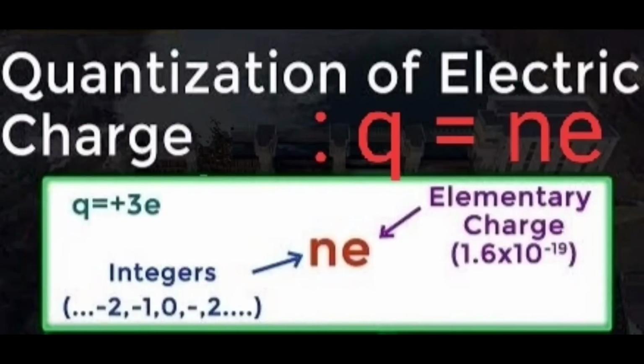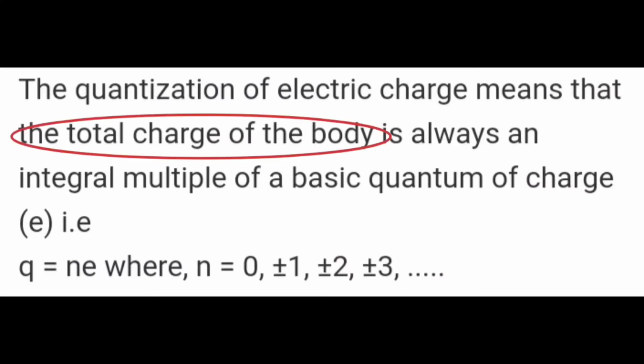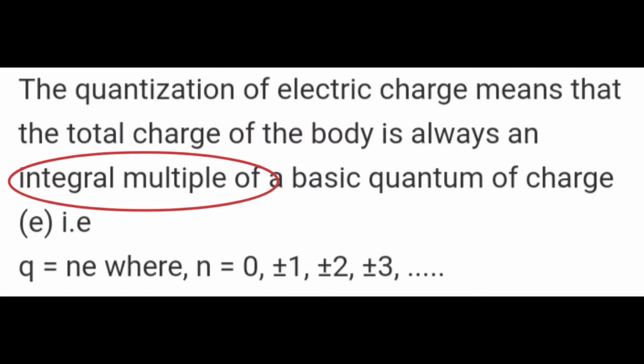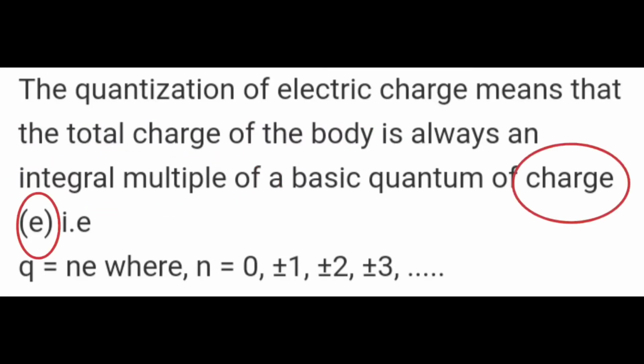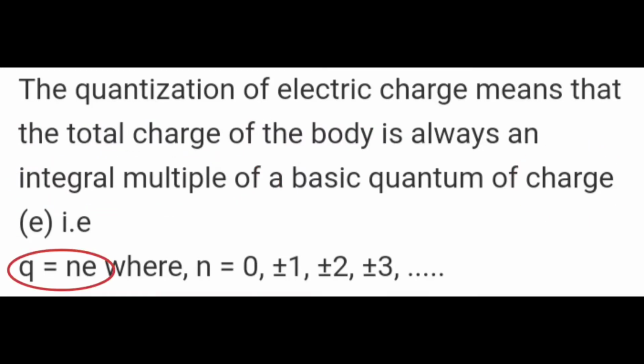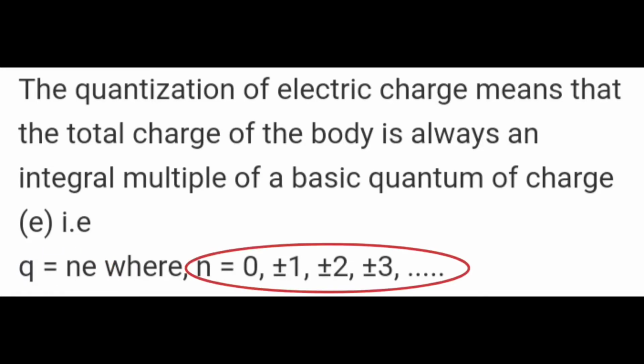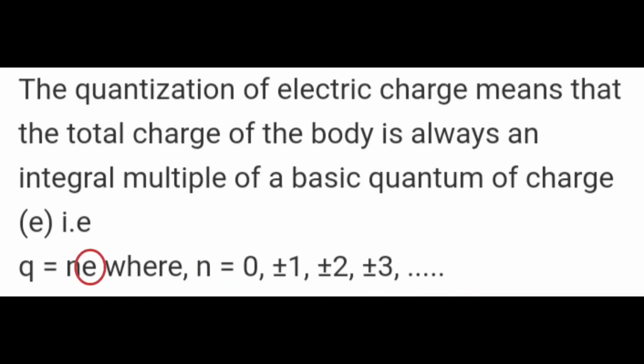Quantization of electric charge. The total charge of a body is always an integral multiple of the charge of an electron. Q is equal to Ne, where N means the number of electrons, which is an integer, and e means the charge of an electron.